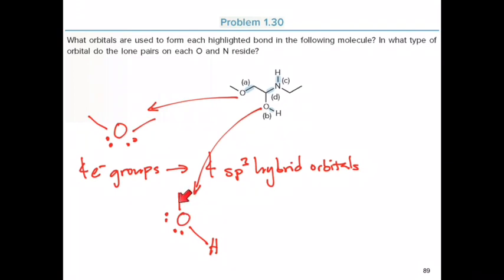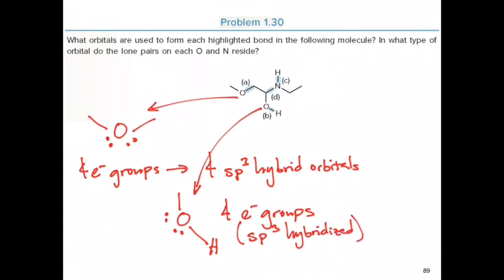So you have 1, 2, 3, and 4. And so therefore it will also be sp3 hybridized. So this bond here is sp3 hybridized, and the 2 lone pairs of electrons reside in the sp3 hybrid orbitals.